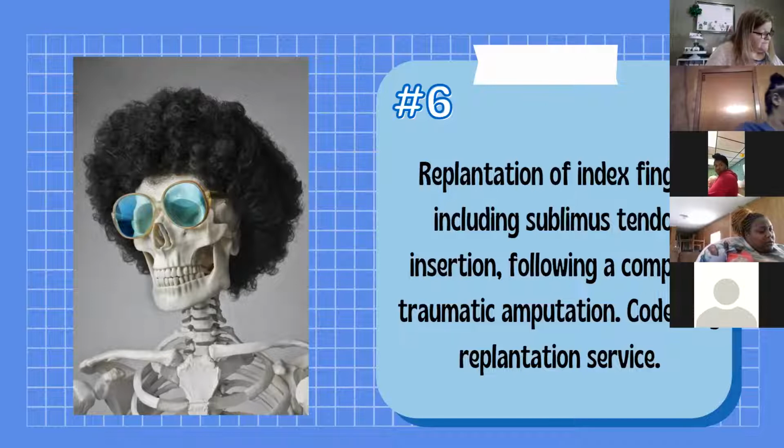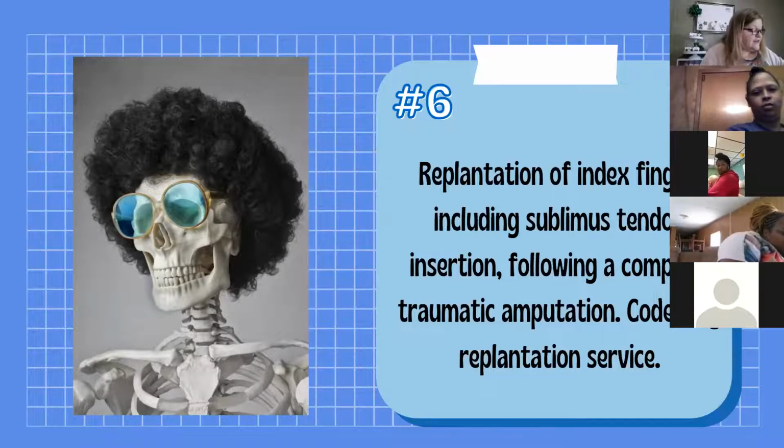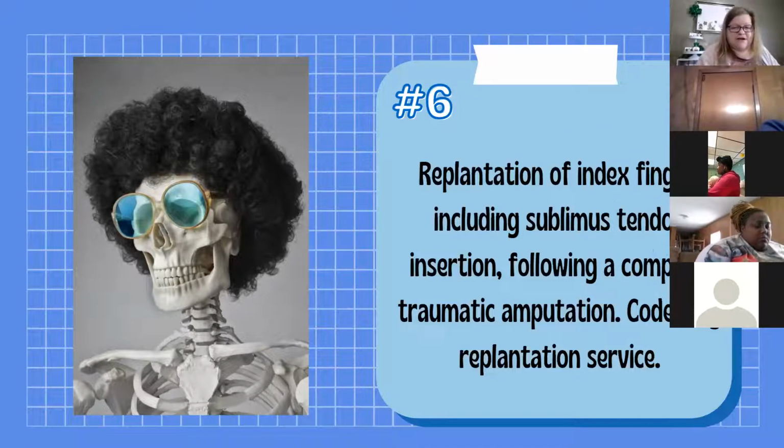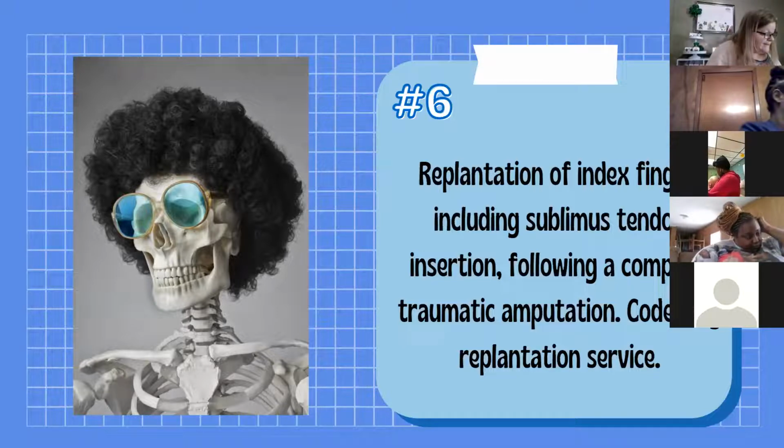The reason: replantation of the digit excluding the thumb, complete amputation. Look in parentheses in that 20822 explanation: includes distal tip to sublimis tendon. Yes. And that's what was in our scenario, including sublimis tendon insertion. So that's why it's going to be 20822 versus 20816, because of that tendon. Okay.